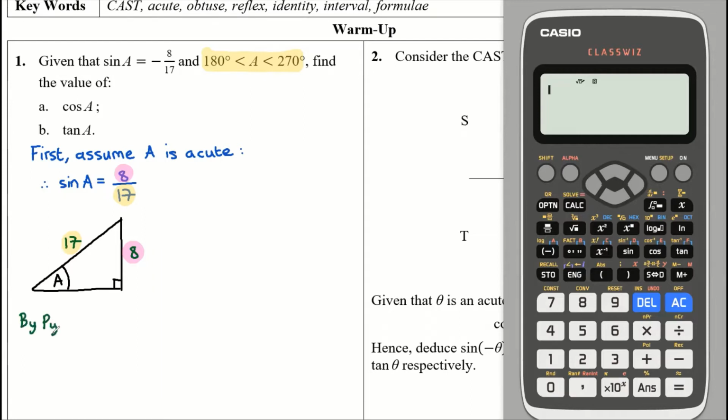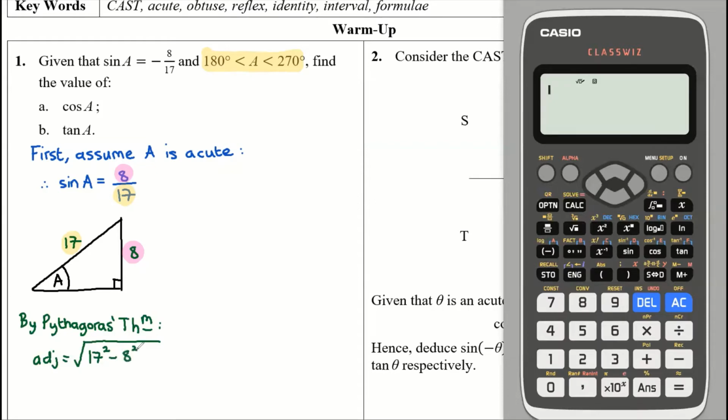So just to state what I'm doing, by Pythagoras' theorem, the adjacent side is just going to be the square root of 17 squared, which is the hypotenuse, subtract 8 squared.